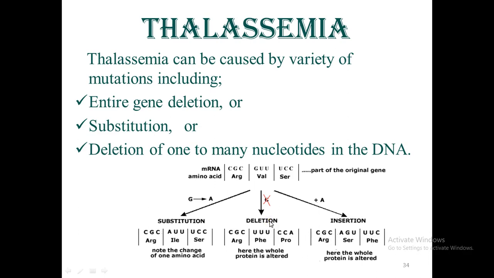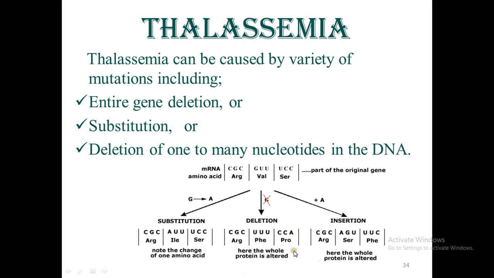In deletion, what do we find? That the messenger RNA triplet nucleotide codon GUU, which codes for valine, has been changed entirely to UUU, and this codes for the amino acid phenylalanine. And the third triplet codon UCC, which was coding for serine, becomes CCA, which is coding for proline.